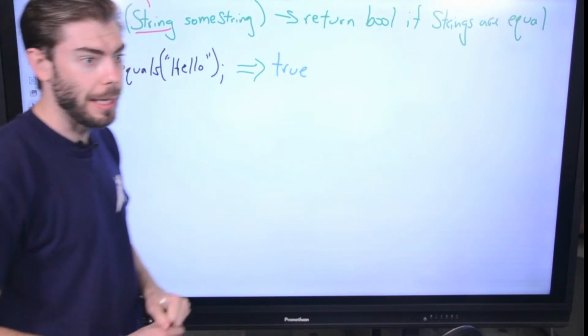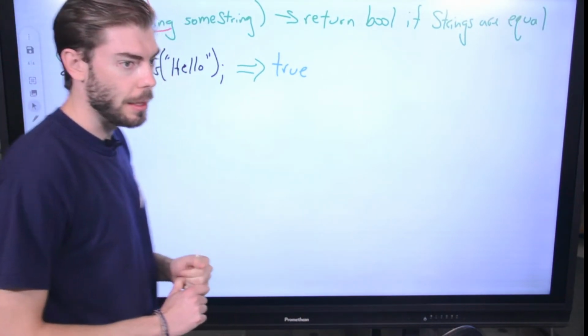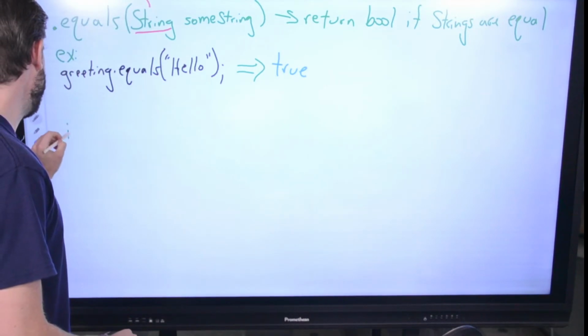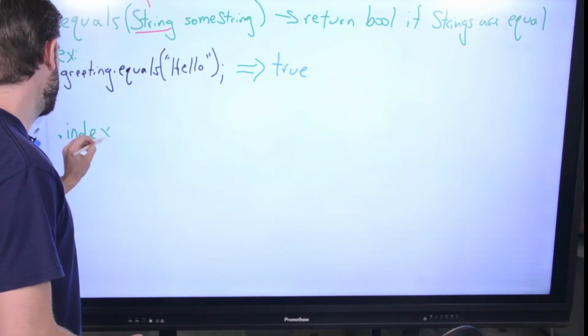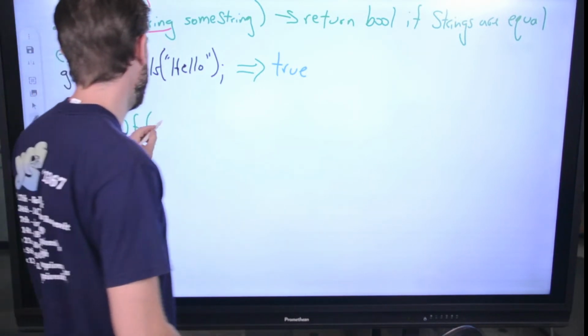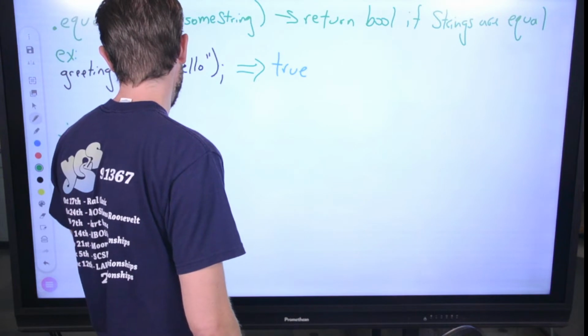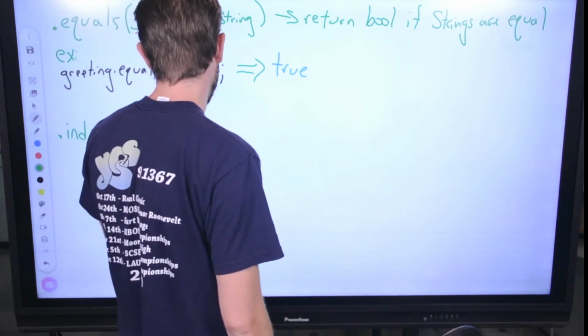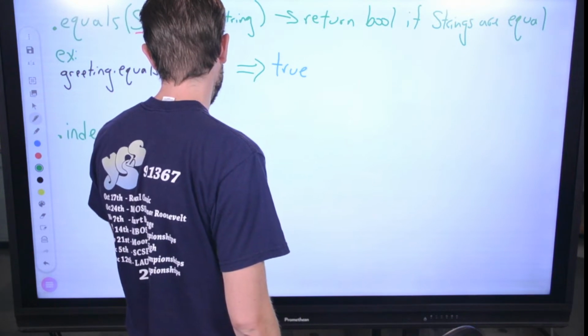Let's learn a few others. Another really important one. Dot indexOf, capital O. And then we can put another string inside of here, and we can search for some string.